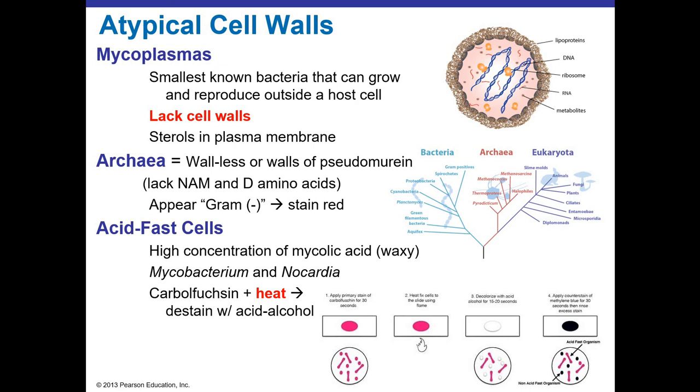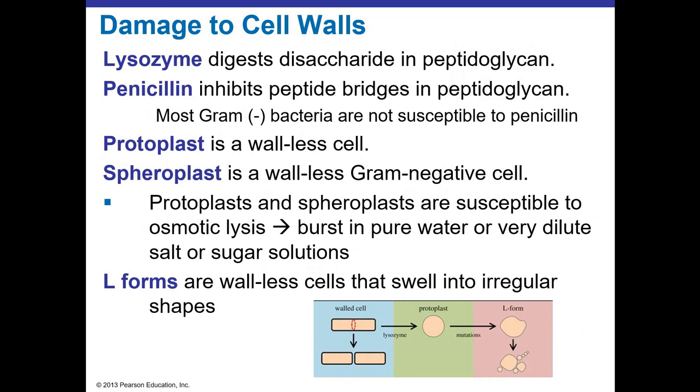So the acid-fast cells remain a bright pink color, and non-acid-fast cells are then decolorized. We then usually use methylene blue to be able to look at the non-acid-fast cells. So when you look at a sample, you see these bright pink acid-fast cells and these blue non-acid-fast organisms.